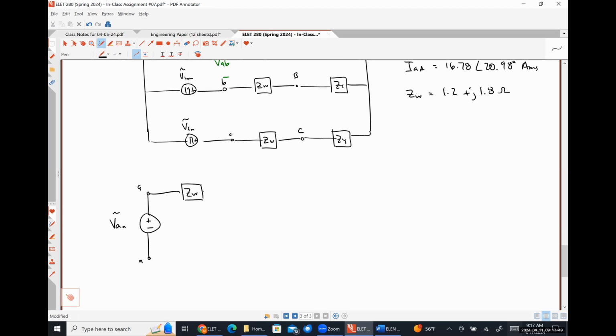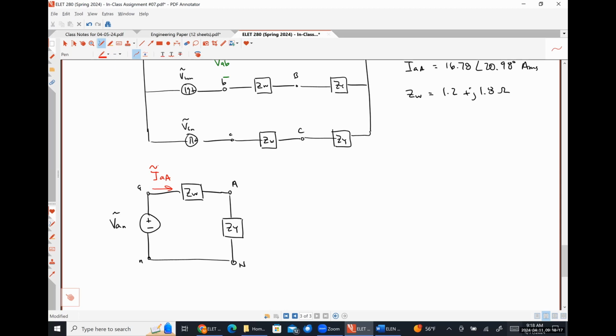Here's our transmission line impedance ZW. Here is our load impedance ZY that we're trying to find. We are also given our line current IAN.